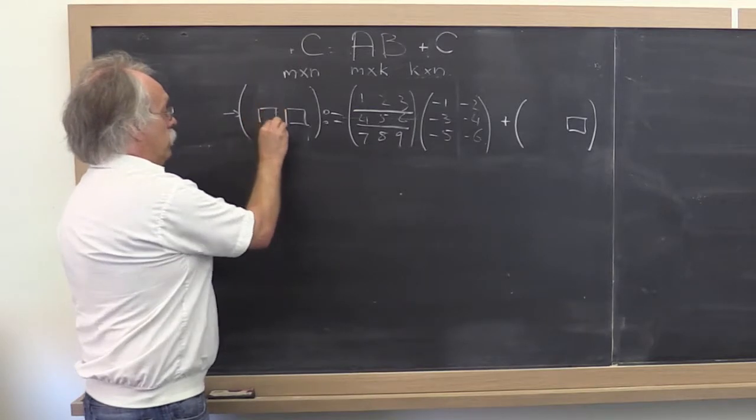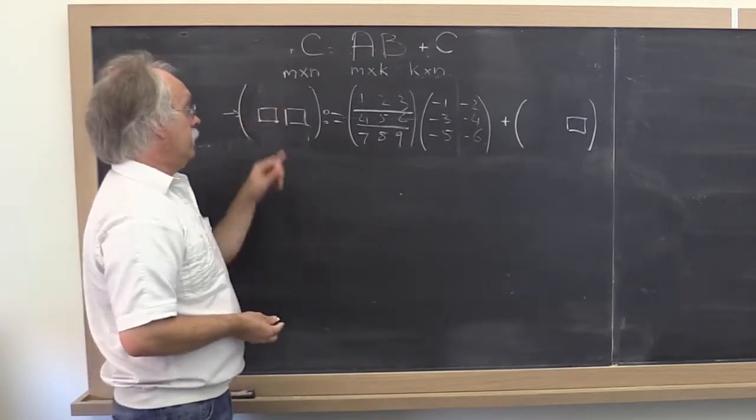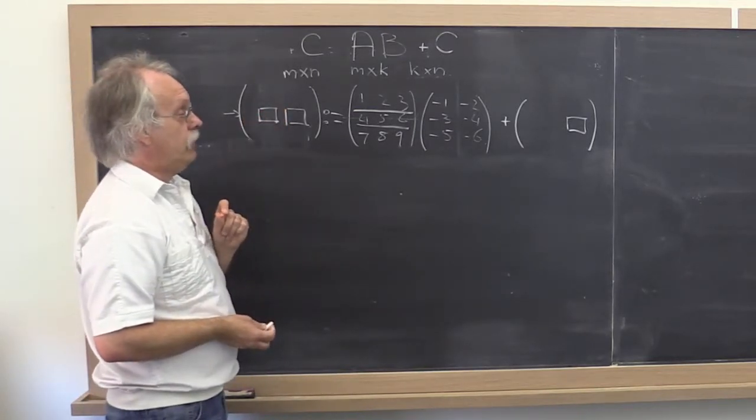If you then were to also compute that other element in the same row, then what would happen there?